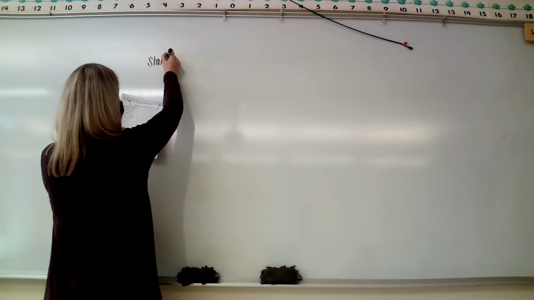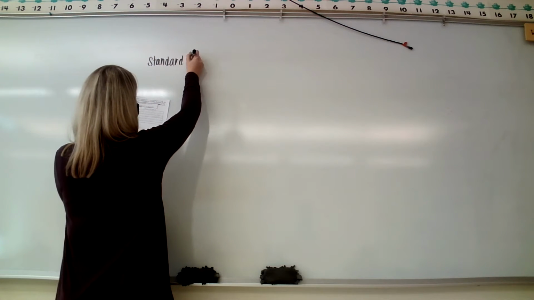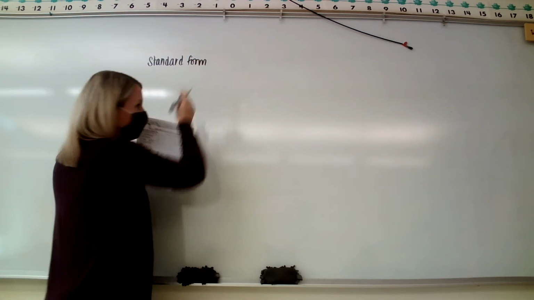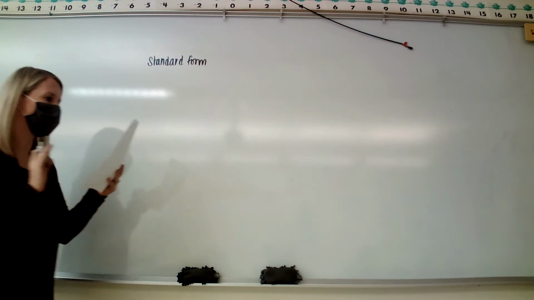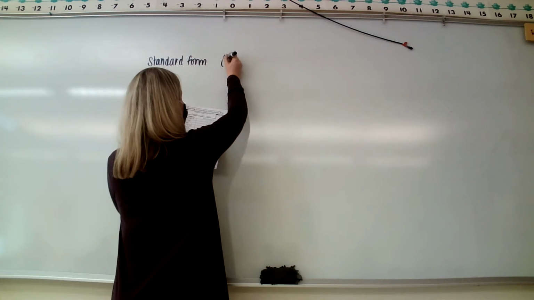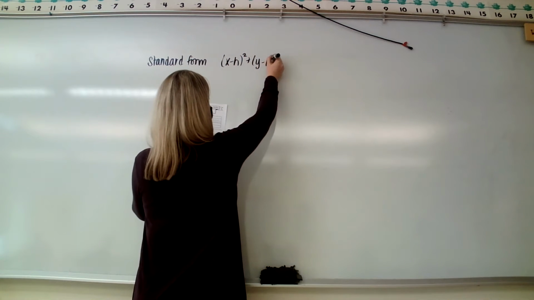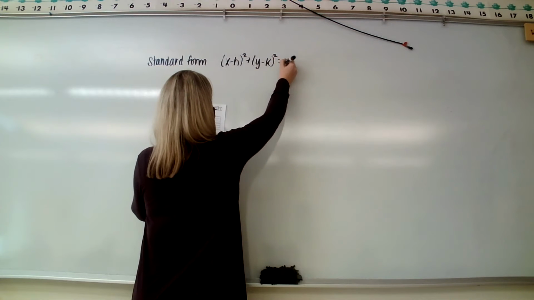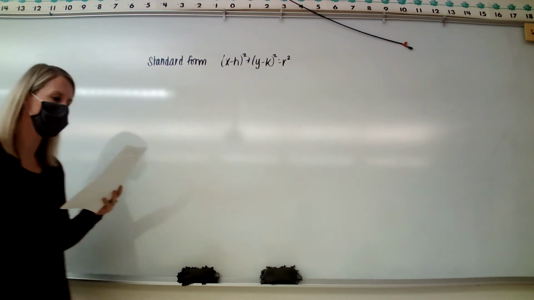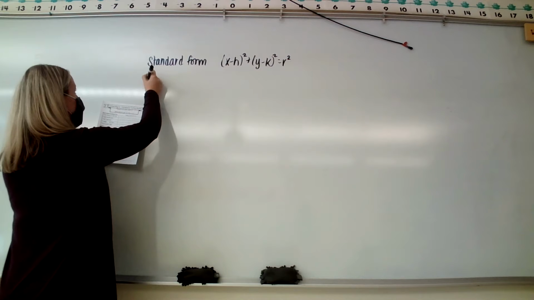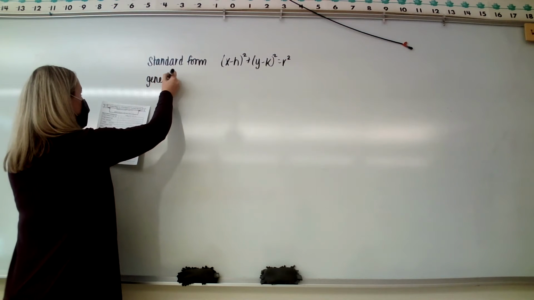We've been dealing with standard form of a circle. We've been getting used to it. At this point, we should hopefully feel pretty confident with it. And that's (x minus h) squared plus (y minus k) squared equals r squared. So we're pretty comfortable with that one. But now we have this one called general form.